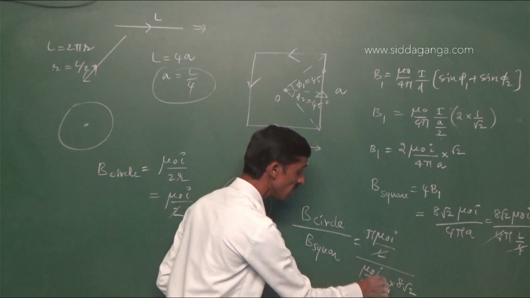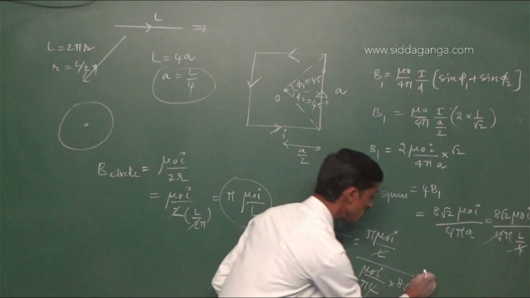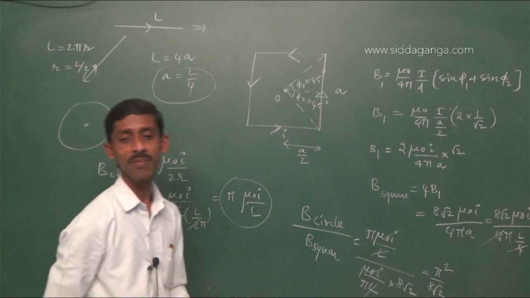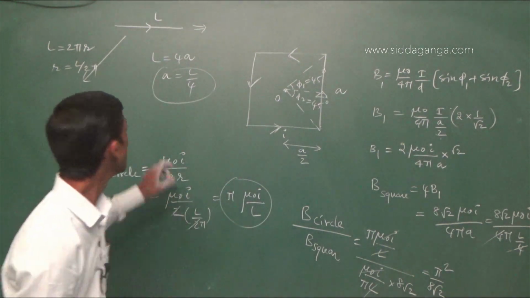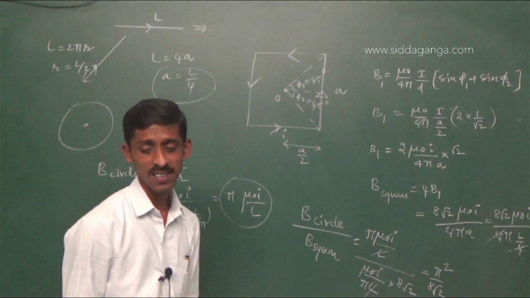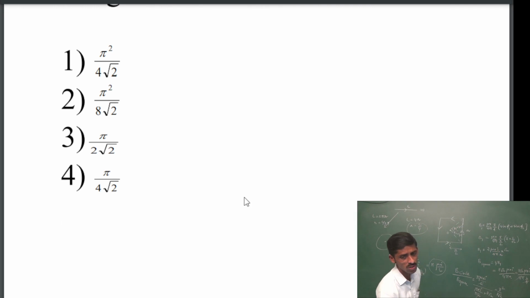So L cancels, mu naught I cancels, pi goes to the numerator, so that is equal to pi square by 8 root 2. The question is lengthy, but if you learn this, many concepts are covered here. So the correct answer is pi square divided by 8 root 2, the second option.